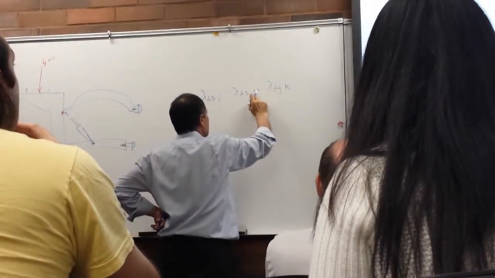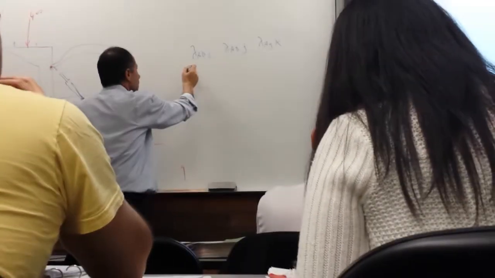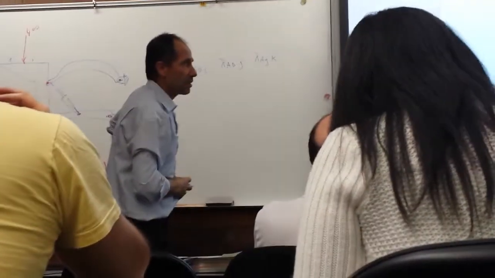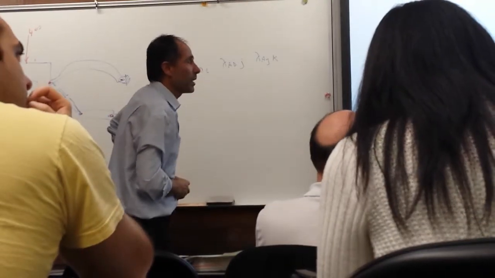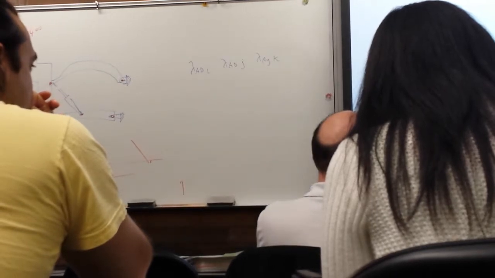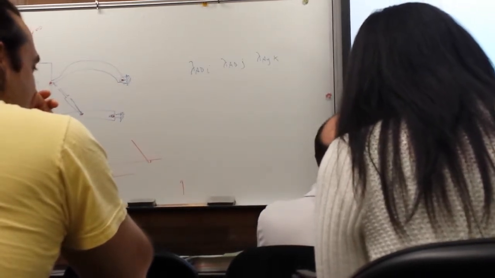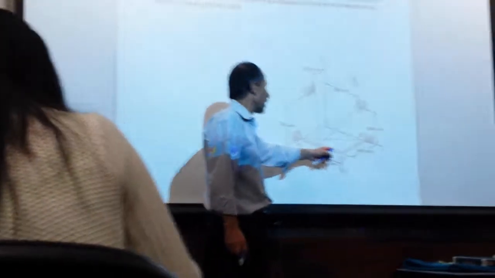I, J, K. Then distance, correct? Distance from the moment where we need to calculate the moment. And if I am calculating the moment, I'm looking at this distance on x. If I calculate the moment here, I need to take this distance.